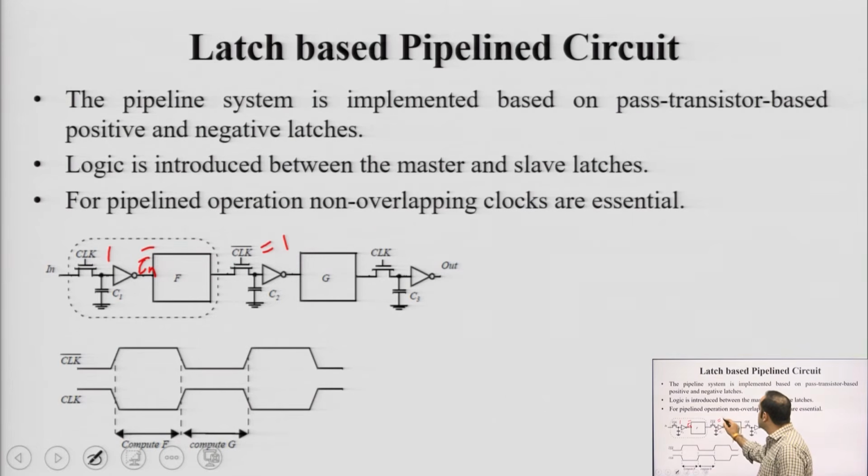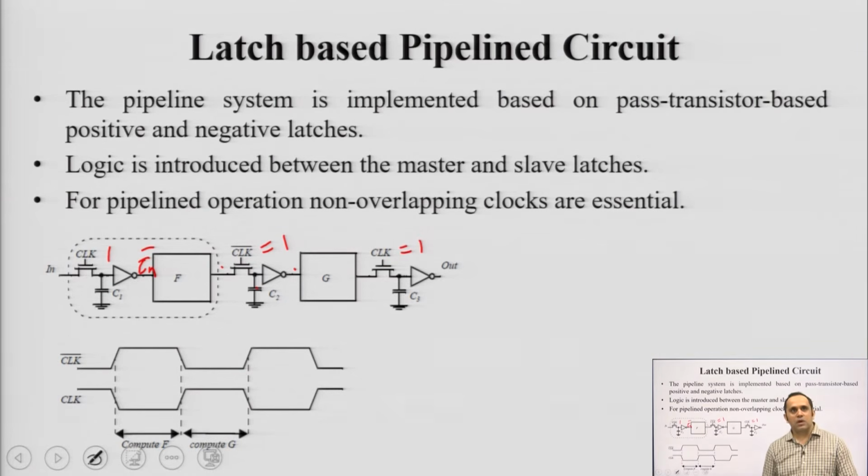When clock bar goes to 1, whatever output was here is going to C2, its inverted form comes here and logic block G is calculated, right. And then in the subsequent clock cycle, when clock goes 1, whatever was calculated first by block F, then by block G, it comes here and then your output is obtained.